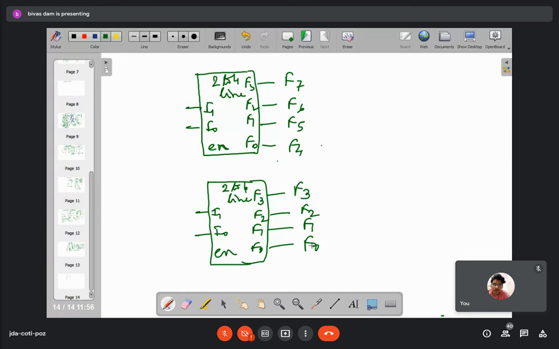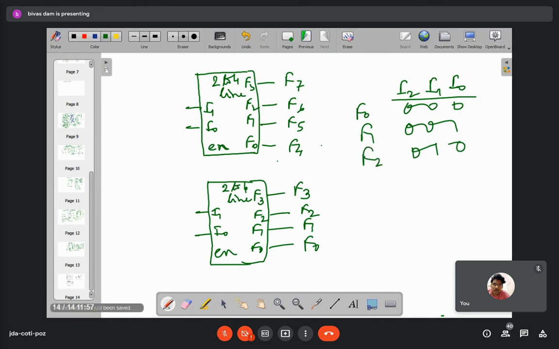My three inputs are I2, I1 and I0. When they are 0, 0, 0, my output is F0; others are inactive. When it is 0, 0, 1, this is F1. 0, 1, 0, F2. 0, 1, 1, the required output is F3.